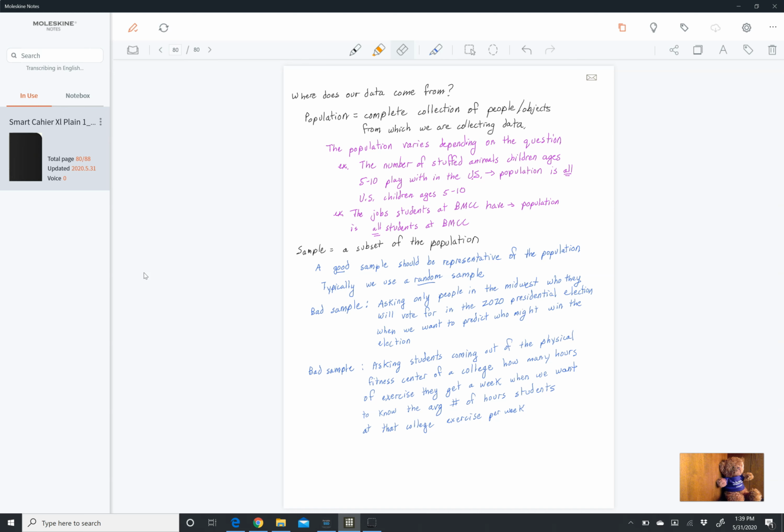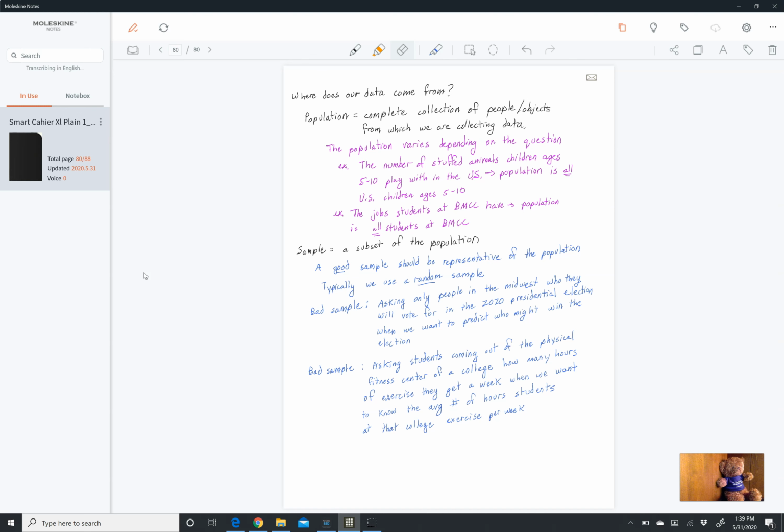The bigger the sample, obviously the more representative of the population it's going to be, but you'll be able to figure out later, in more sophisticated statistics, what's the best sample size, or what's the minimum sample size? What is the minimum number of people that I should be choosing from the population?